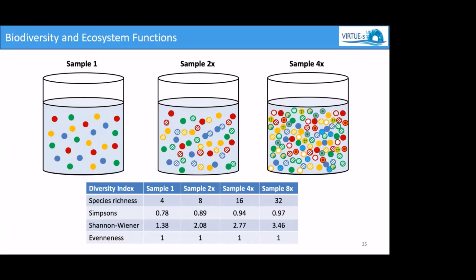So that is one of the disadvantages of the Simpson's and the Shannon-Wiener index. They are just numbers. They cannot tell too much about the structure of the community or the stability of the ecosystem. It even underestimates the effect of a disturbance in a community.